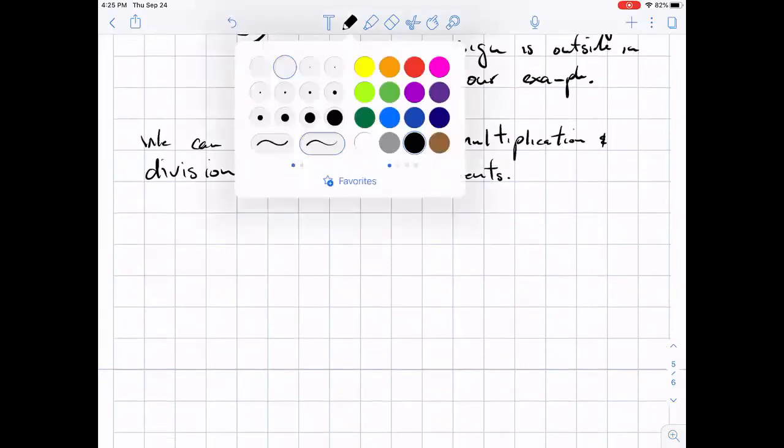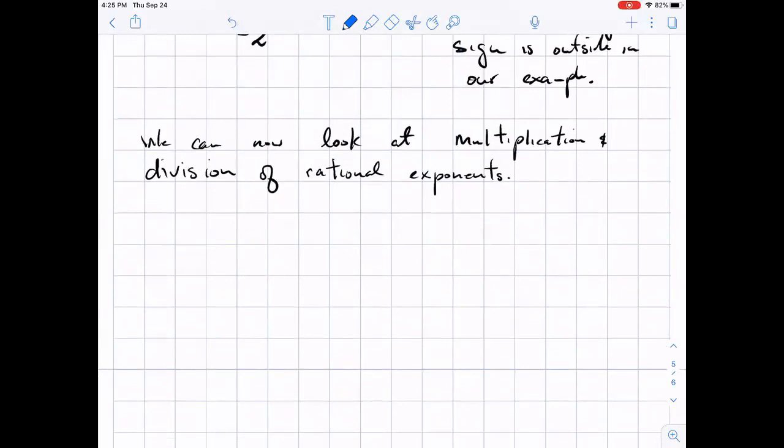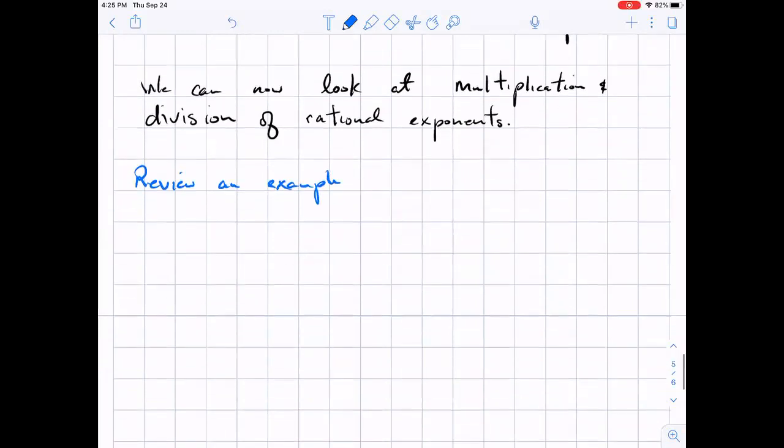So if you remember, and I don't want you to get too tied down or too stuck up when you see a fractional exponent. The procedures are the same as what we have done when they were not rational exponents, okay? So let's just review an example. We know if we have a to the 3rd times a to the 5th, this becomes a to the, let's spell it out, 3 plus 5, which is equal to a to the 8. Right?